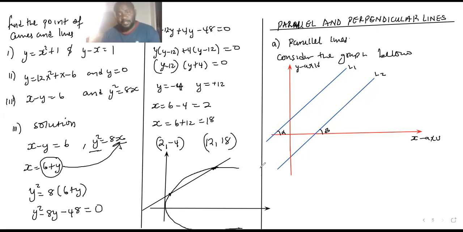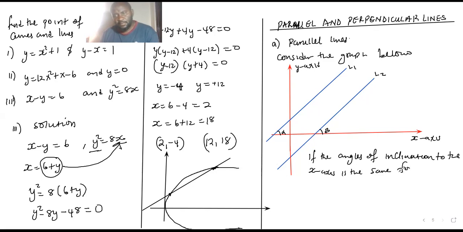Therefore, if the angles of inclination to the x-axis are the same for both lines, then they are parallel.